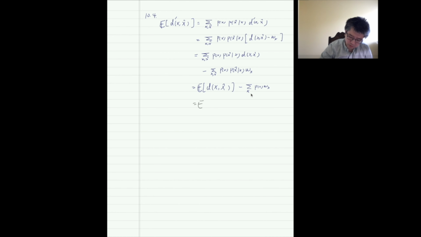So this equals d(x, x hat) minus w bar. Therefore the original average distortion equals the new distortion plus w bar.